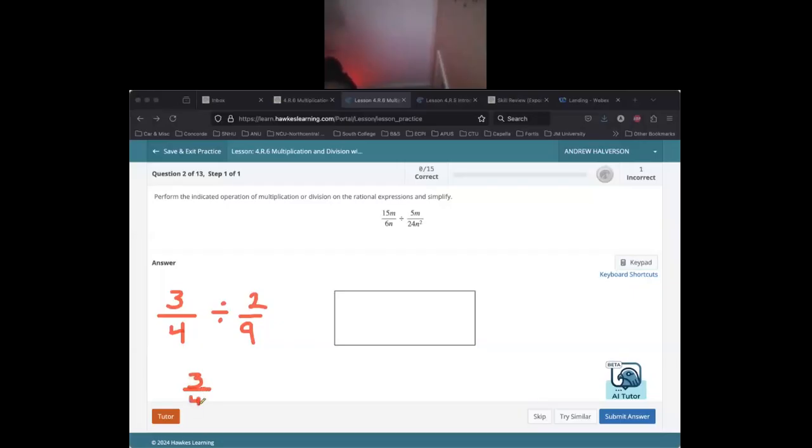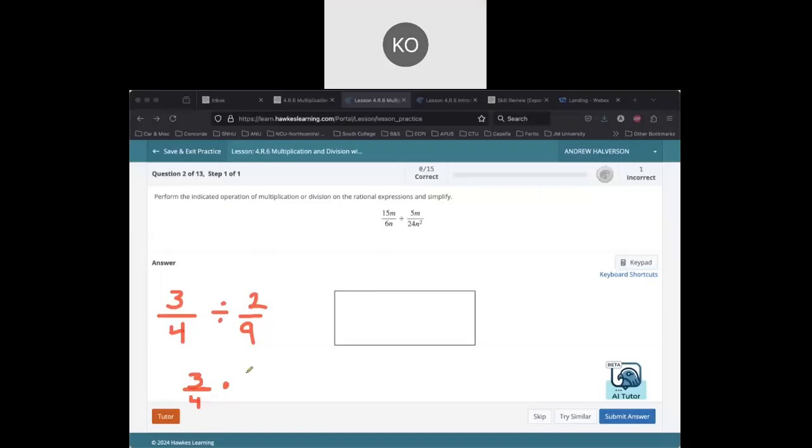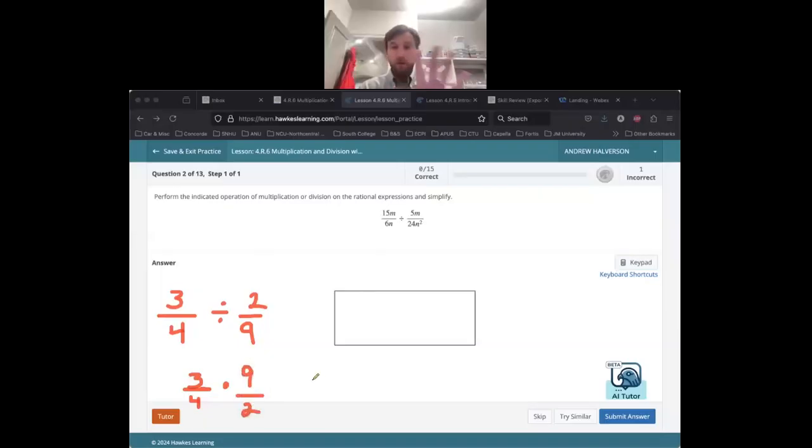You change the division to multiplication, wouldn't you? Right. But the flipping action causes you to change the division to multiplication. That's exactly right. So essentially we turn division into multiplication, and now we do our multiplication and we get 27 over 8. Same exact process.